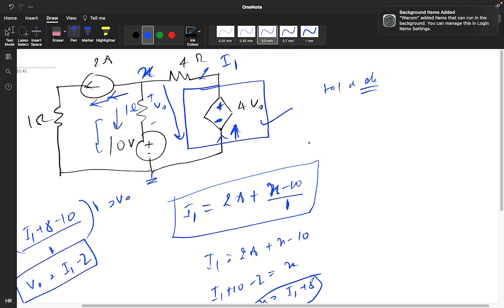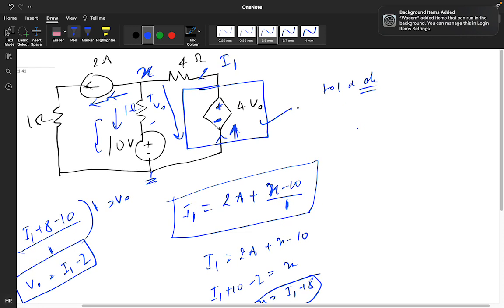And you know the value of I1. That can also be solved like this: (x minus 4 V0) divided by 4 is equal to minus I1. So x minus 4 V0 is equal to minus 4 I1.